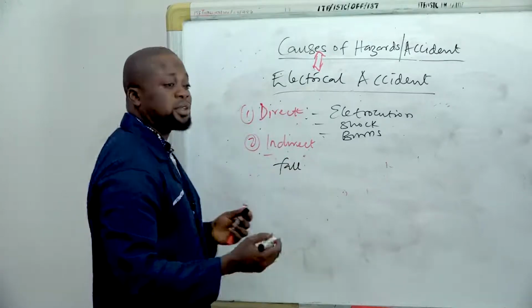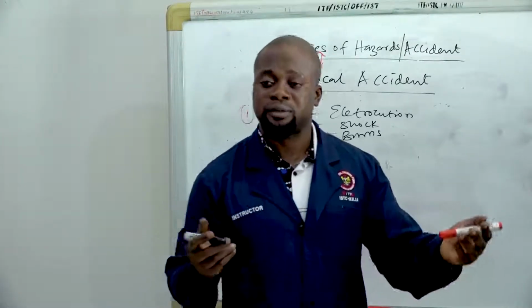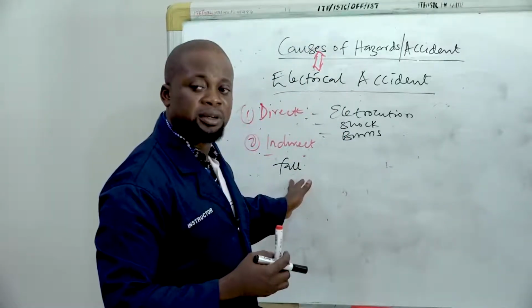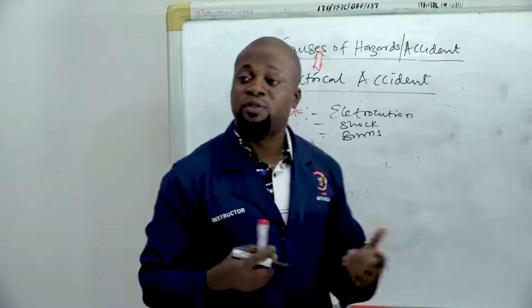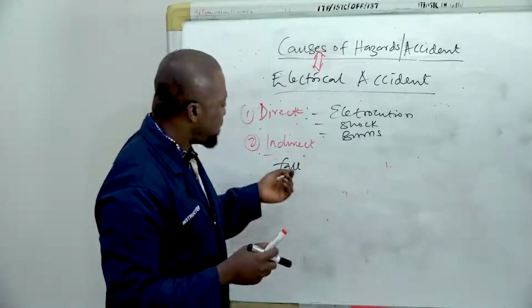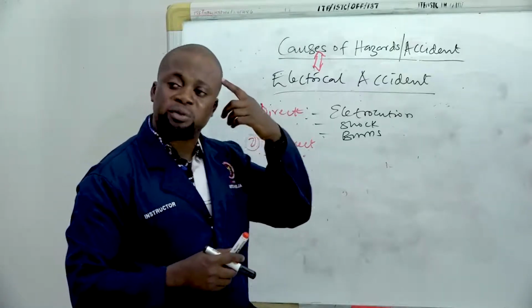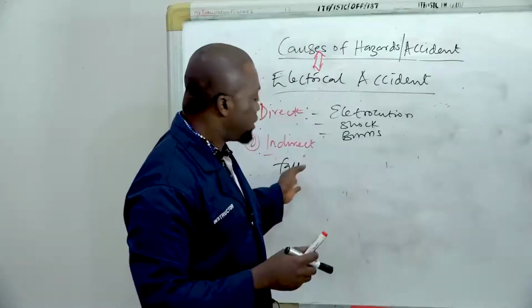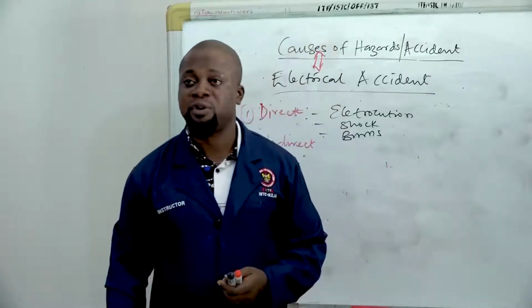That is to say, when you are walking at a height, if you make contact and mistakenly touch these live parts, it will lead to a fall. And when you fall, there are secondary effects, maybe you hit your head, and all that brings about severity. So we must be careful to avoid this.